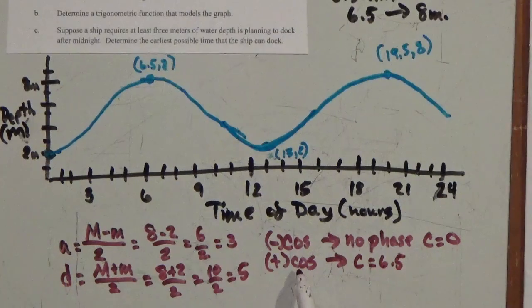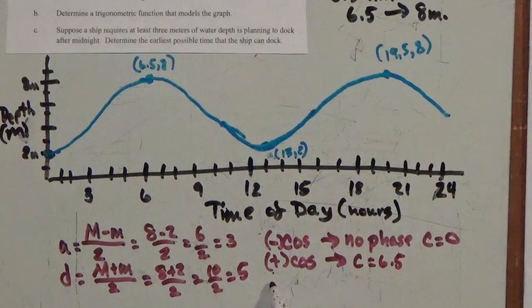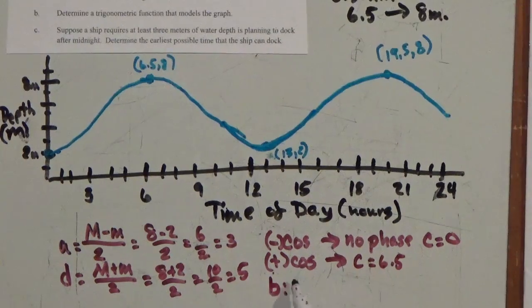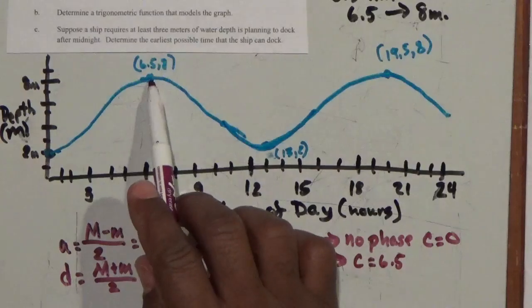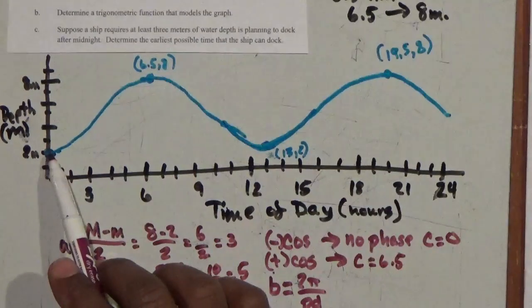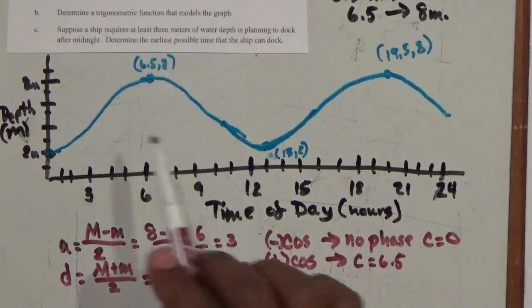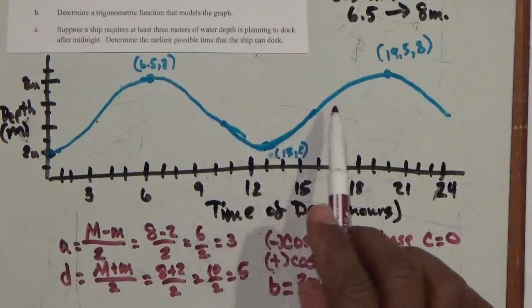What's left? Well, we have our B value, which is 2 pi over our period. Remember, we find our period is either the distance from high to high, or low to low, or mid to mid.